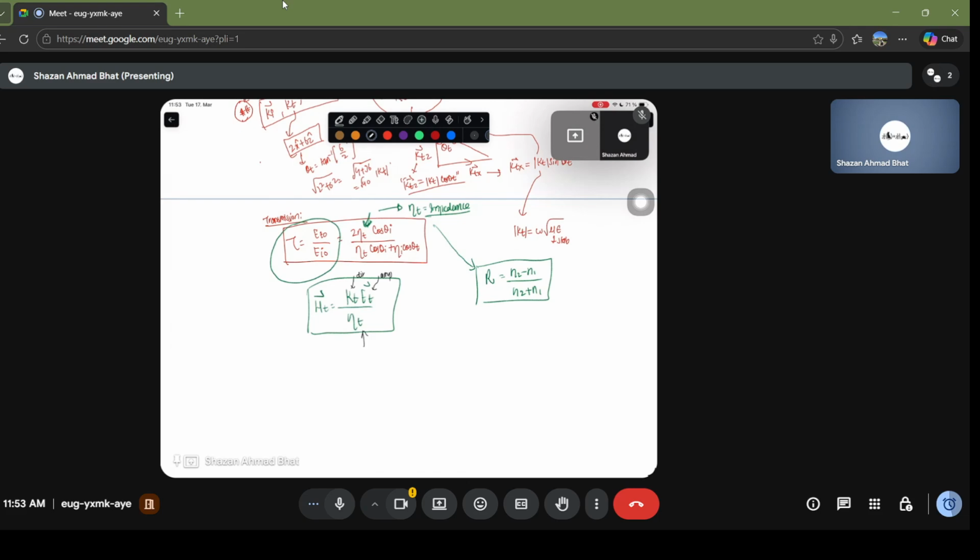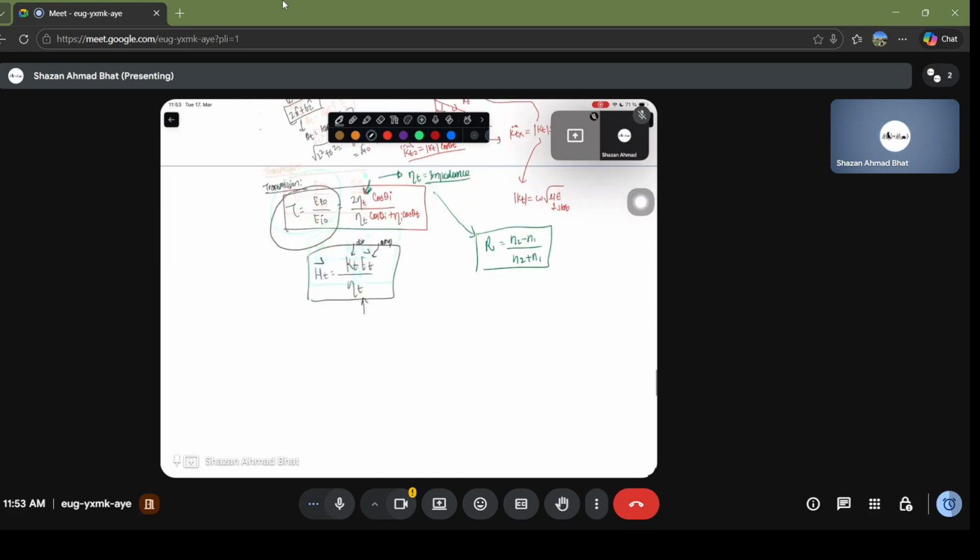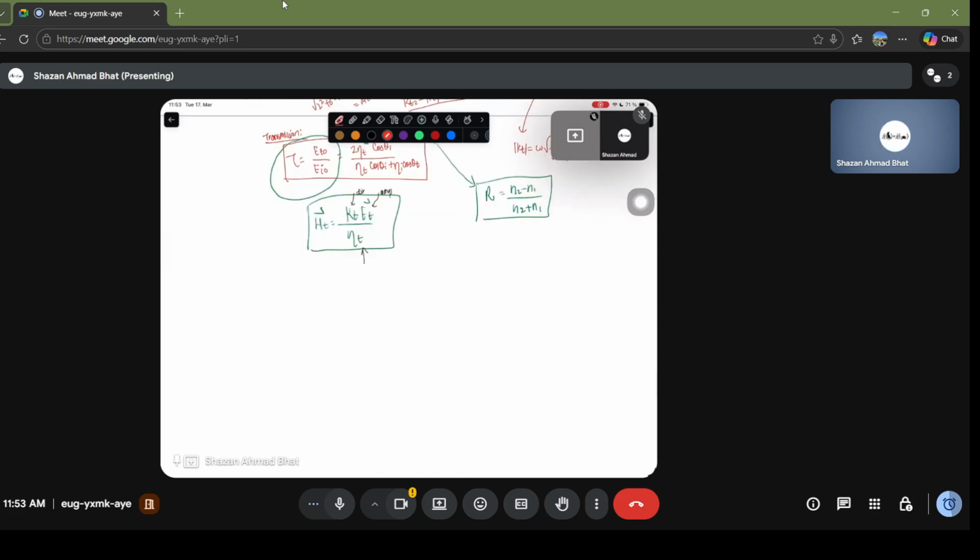Okay, so now this was about week 4, what we did in week 4. And then we moved into week 5. And in week 5, what we studied is again electromagnetic wave interaction with slabs.